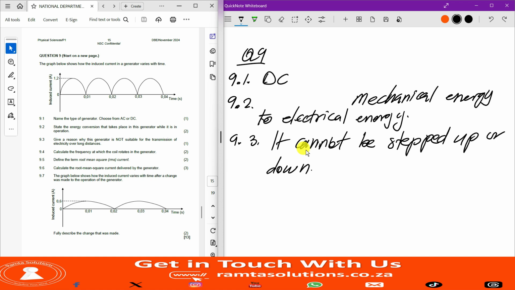And another reason could be that the energy losses with this kind of generator cannot be reduced.